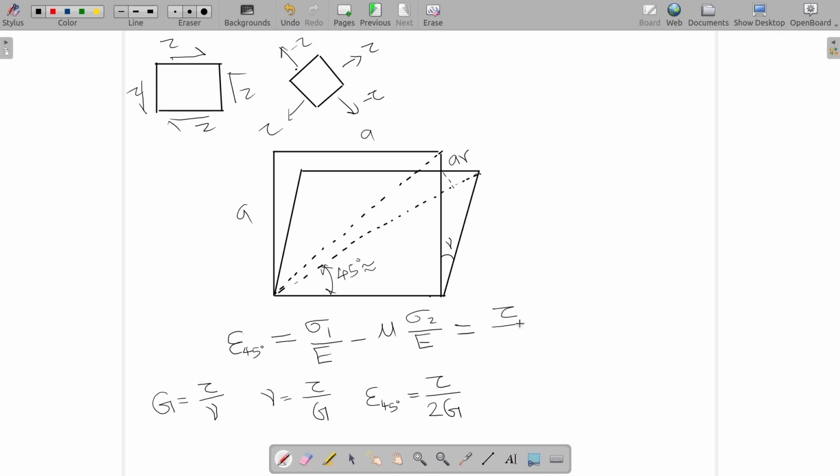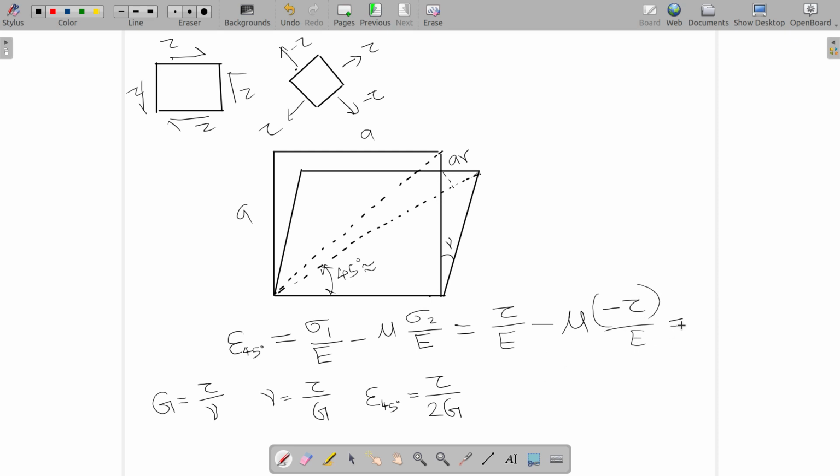So tau by E minus mu, sigma 2 is equal to minus tau, divided by E.